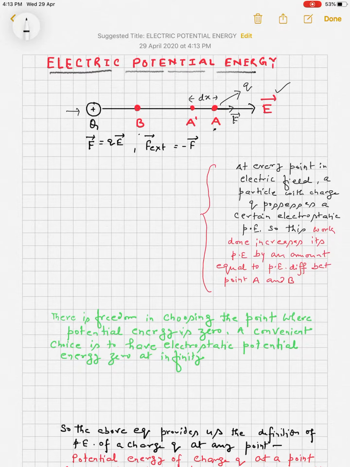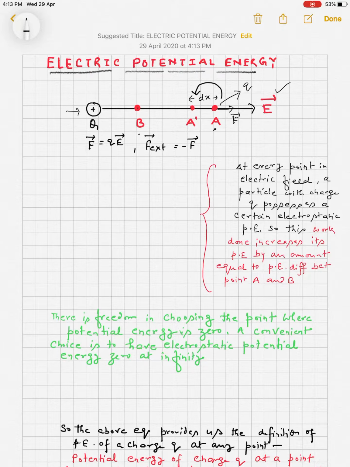Suppose this charge, which is initially at A, is now moved to A dash by a small distance dx, or small distance dr, whatever you can say.